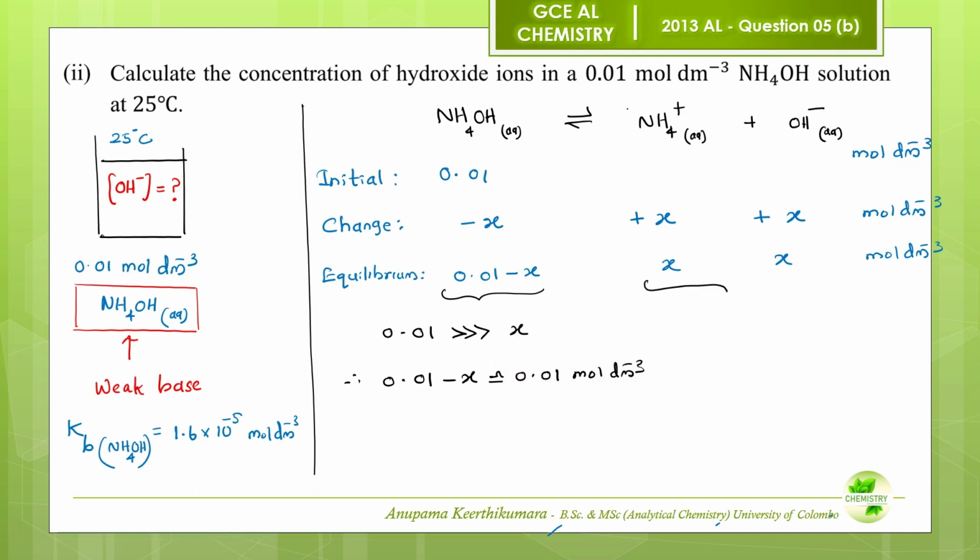Next, we can see the concentration of ammonium ions as well as concentration of OH minus ions produced from ammonium hydroxide is X. That means the ammonium ion concentration is equal to the OH minus concentration at equilibrium.